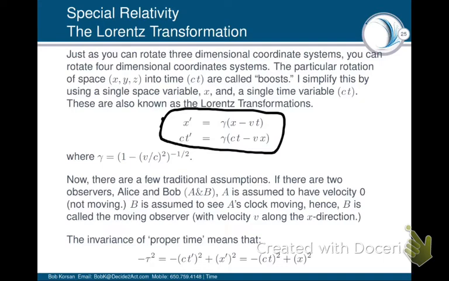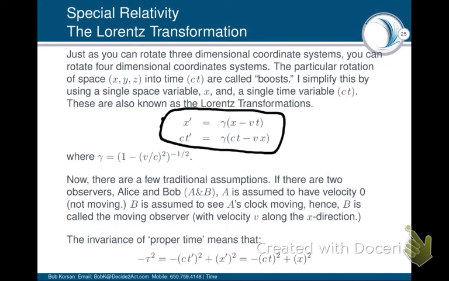There are the traditional assumptions that I've discussed before. If there are two observers, Alice and Bob, Alice is assumed to be the velocity 0, not moving, and Bob is assumed to see Alice's clock moving, and hence Bob is called the moving observer.